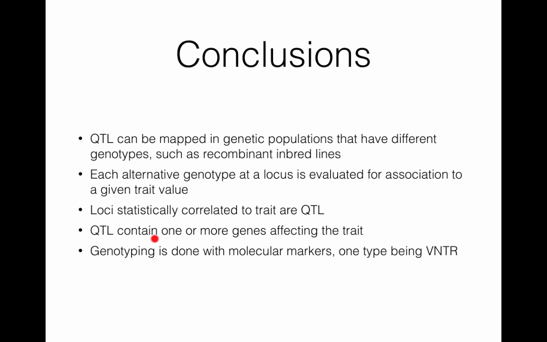Under a QTL, and that is a lingo or a little bit of a slang term, under a QTL it means in the position on the chromosome defined by the QTL, we have one or more genes affecting the trait. So all this was enabled by the ability of genotyping.